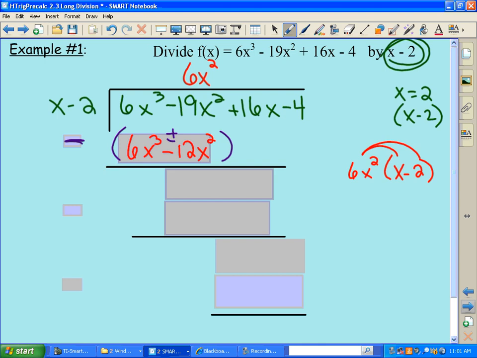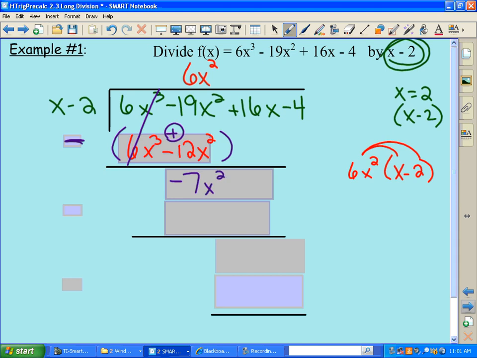So this turns into a plus sign because a minus and a minus change to a plus. 6x cubed minus 6x cubed cancels. Our goal is to get that first term to cancel. And then negative 19 plus 12 leaves me with negative 7x squared.